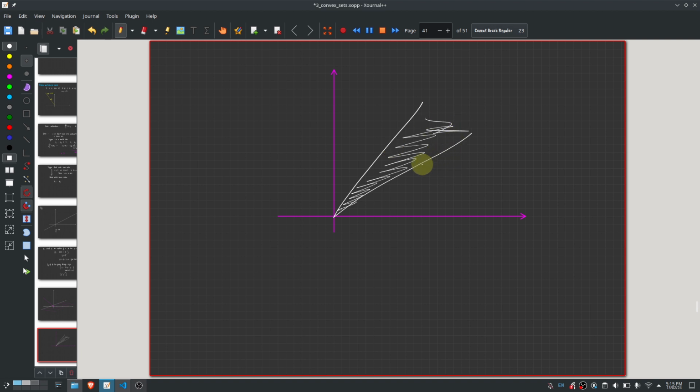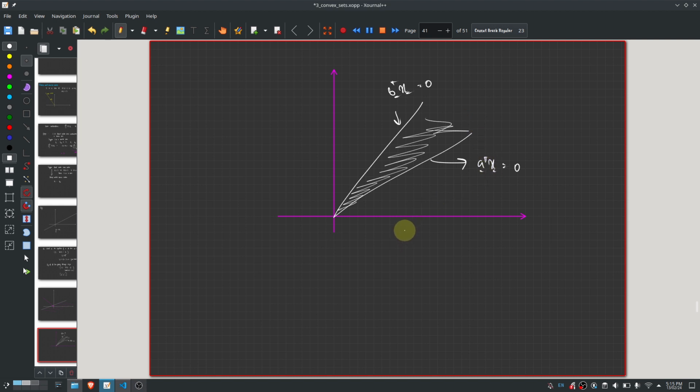Okay, and how would you describe that? So suppose that this line is, say, A transpose X equal to, what should be the right hand side? 0, and this is some B transpose X equal to 0.